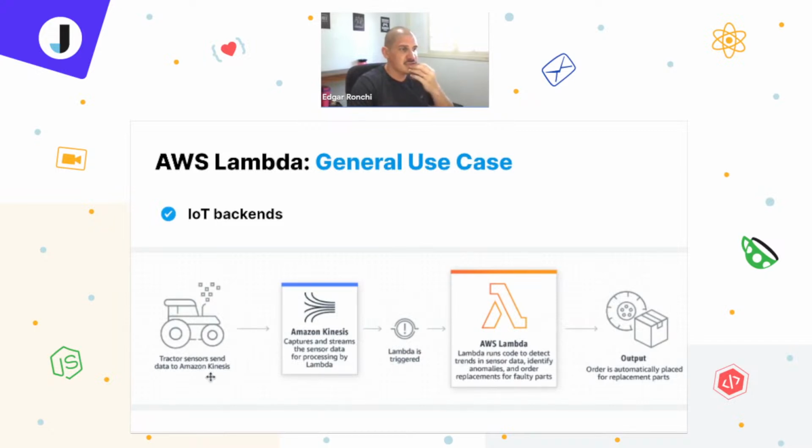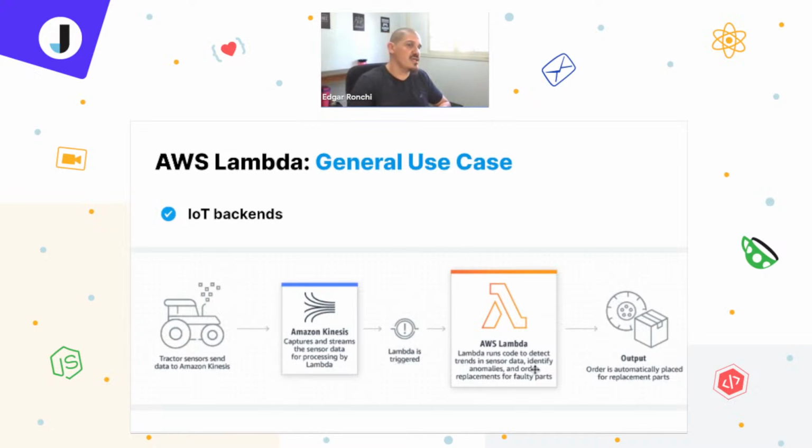A tractor can have sensors. For example, let's consider it has a sensor to measure the temperature, and this could be sent to Amazon Kinesis through the internet. You can connect Amazon Kinesis to these sensors to receive this data through an API or other triggers. Then when it updates Amazon Kinesis, you can trigger your Lambda, and here you can, for example, see if the data on the temperature sensor is saying that some piece or part of the tractor is overheating.